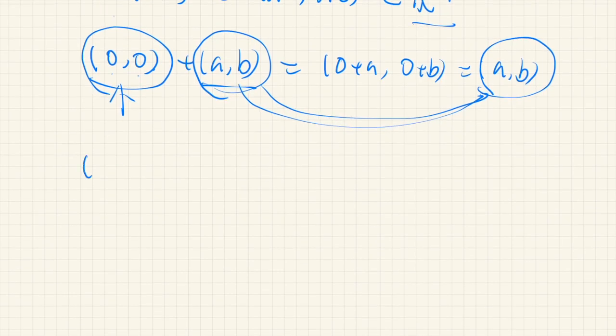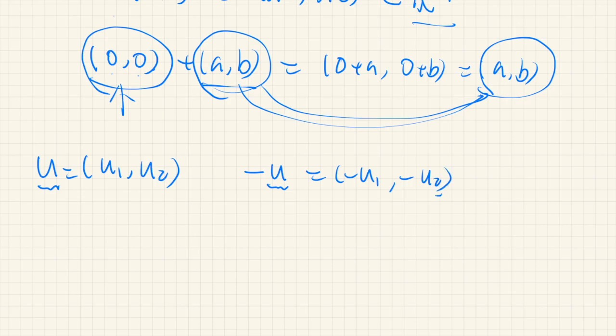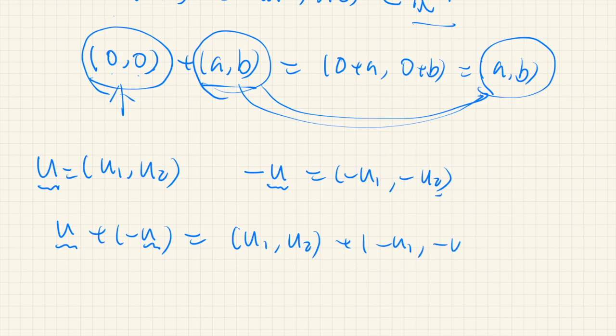And if we have u1 and u2 as a vector, let's say this is u, then its additive inverse, written as negative u, is negative u1 and negative u2. This can be checked by adding them. u plus negative u is equal to (u1, u2) plus (negative u1, negative u2).